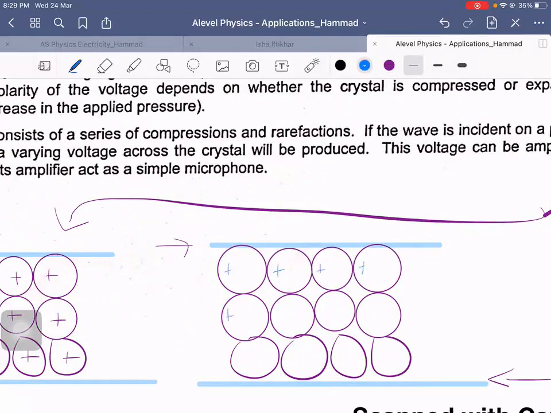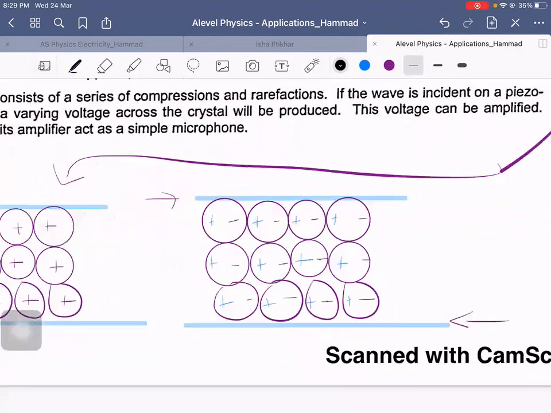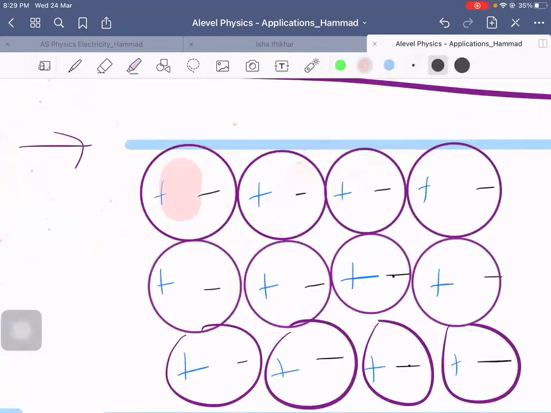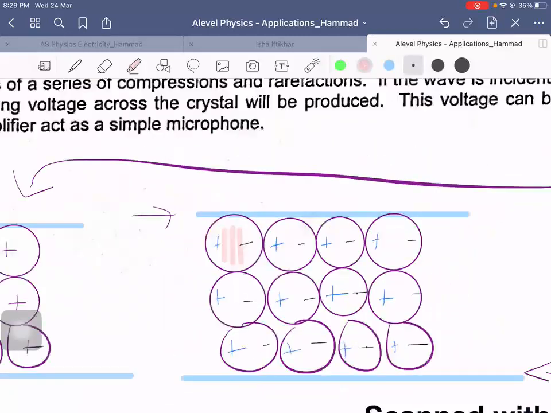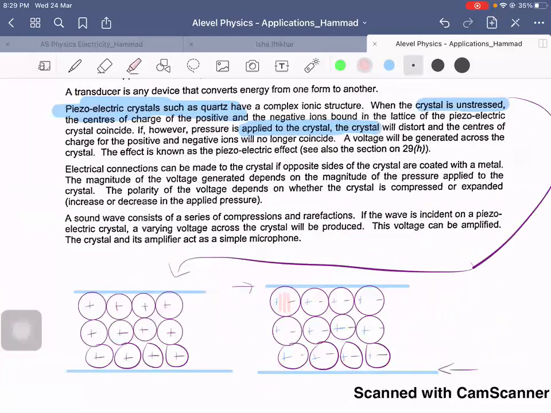Let's say all the positives came in here by the application of the pressure, and all the negatives went to the other side. Don't you think the positive and the negative will have a certain potential difference between them? So basically, this is called the piezoelectric effect, and this causes a voltage to be generated.